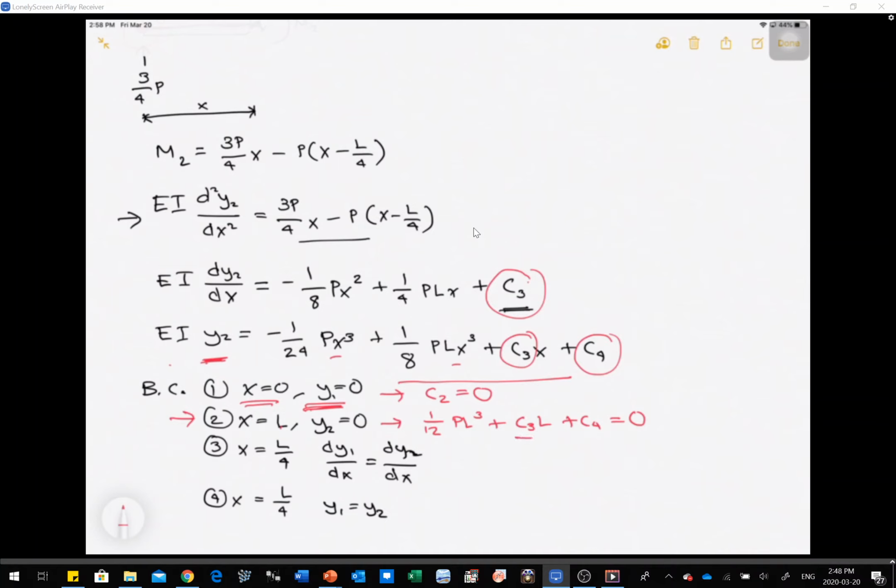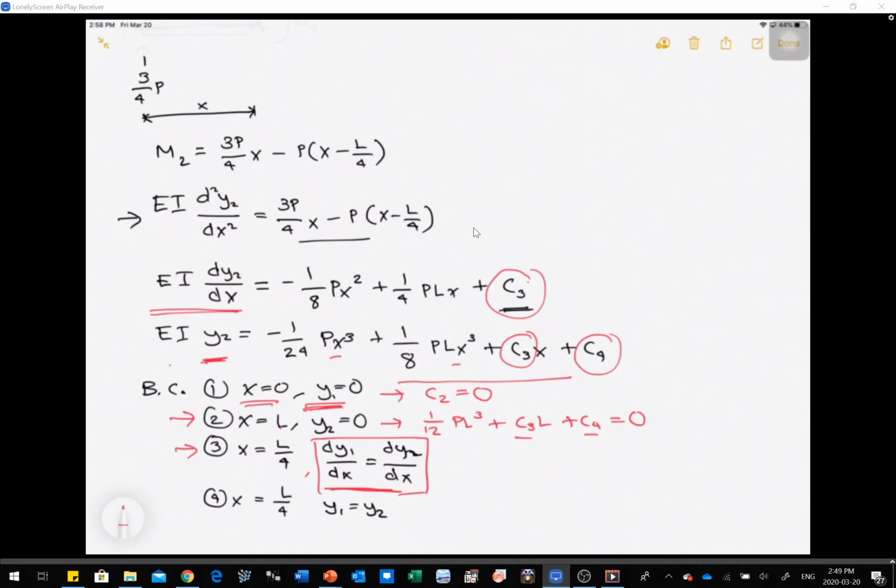Because we have C3 and C4 there, let's leave it as it is, and let's move to our third boundary condition. At x is equal to L over 4, that's exactly the location of your load. And we have the slope of the beam, left and right, they are equal. So what we could do here is check our equations. If we look at this guy right here, that's the slope of our beam. Where's the equation for your slope?